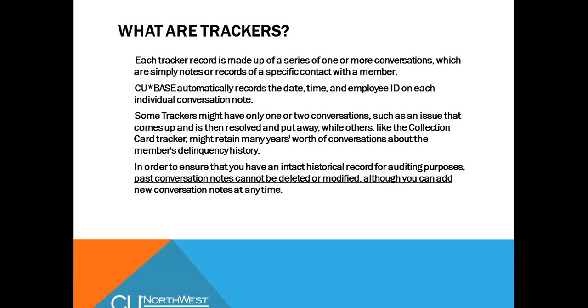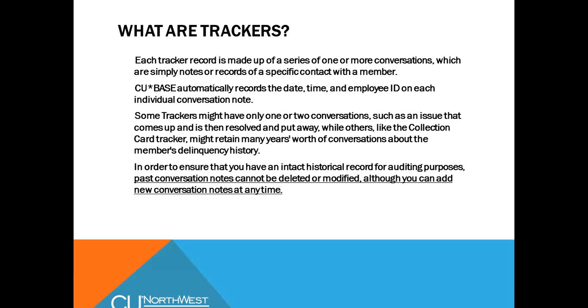So every tracker is made up of a series of one or more conversations, and they're simply notes or records of a specific contact with a member. Our CU base automatically records the date, the time, and the employee ID on each individual conversation note.